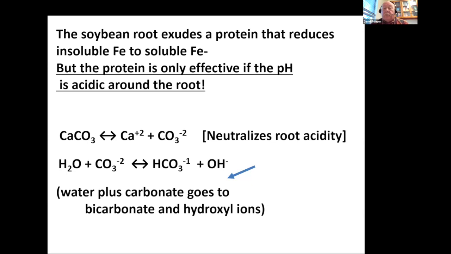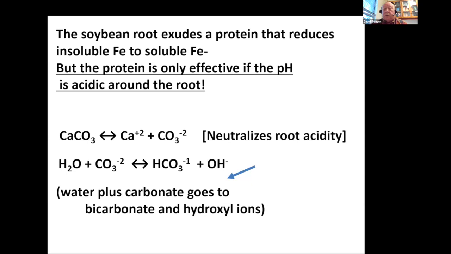And what the soybean root does when it acidifies its root zone is it sets the stage for a protein it exudes in order to change the oxidized iron to reduced iron and increases the solubility about 1 trillion times. So it's really, really important. What the carbonates do in the soil, when they dissolve, they form bicarbonate, which is that HCO3 minus down on the bottom there.